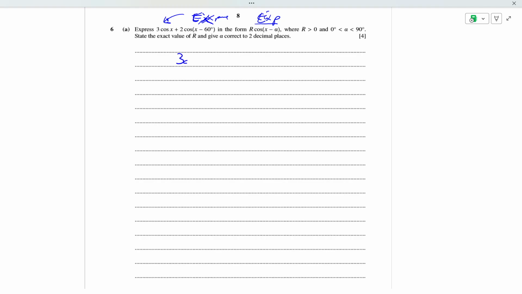So we have 3 cos x plus 2 cos(x minus 60). We do the expansion using the double angle formula right here. When you have two angles, the formulas are found in the MF19 booklet.